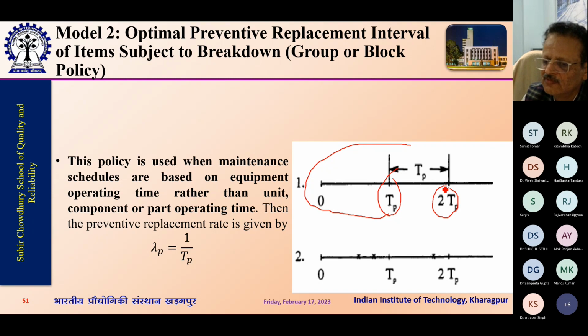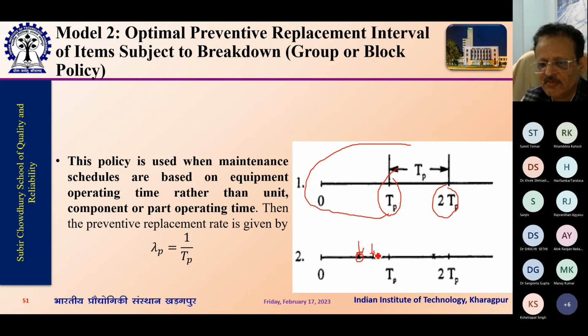And the drawback one can find is that even if it has failed here, we have replaced it. In the previous case, unless this item lived up to a certain age, only then were we replacing it. But here what you see is that it has failed, we have replaced it correctly.